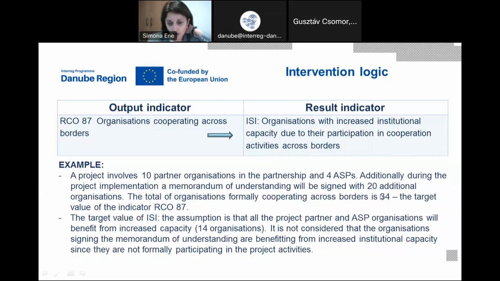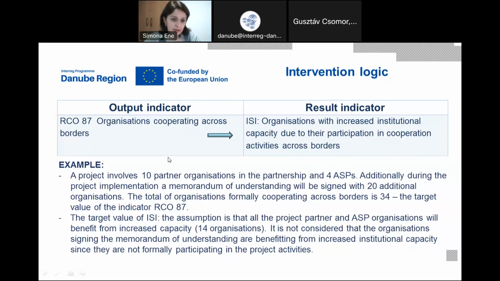And this is how it should be counted in case of all these indicators. We know that there are rather few projects that have this formalized memorandum of understanding. Therefore, in general, the lead applicant should count the number of partners and ASPs.